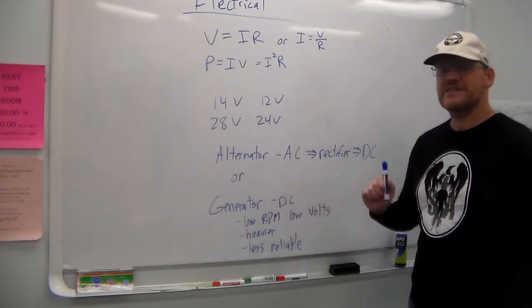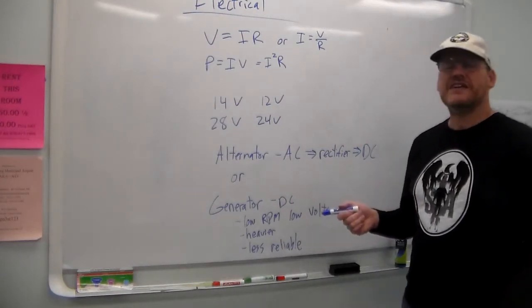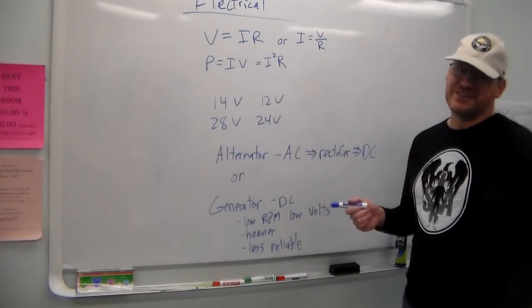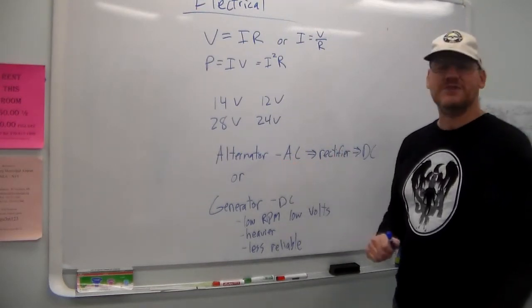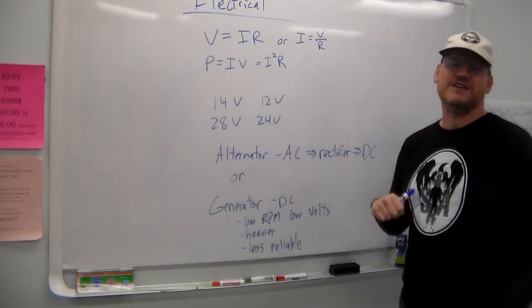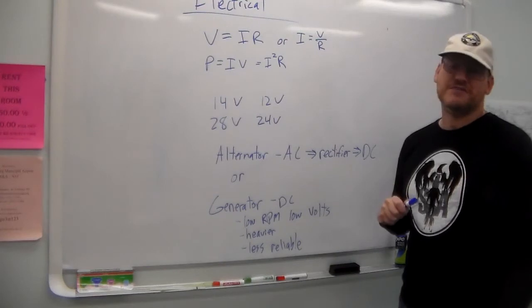Both of these, the voltage that they produce is going to vary a little bit, and that's why you have a voltage regulator that takes this voltage and then sets it down to a certain level, either 14 or 28 volts.